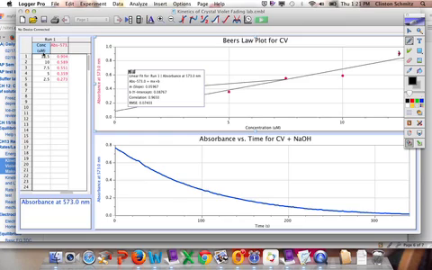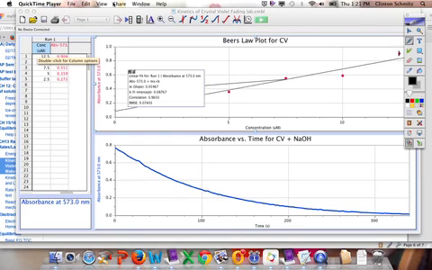It's something that I've already made, and what I've made here is a Beer's Law plot for Crystal Violet. I collected 5 points, and then I did the linear fit. You'll see that we'll need the slope for that in a second, so you'll need that number.